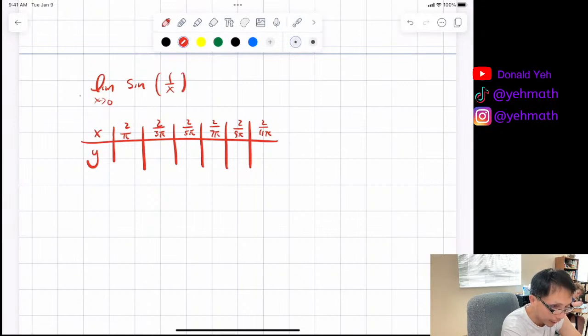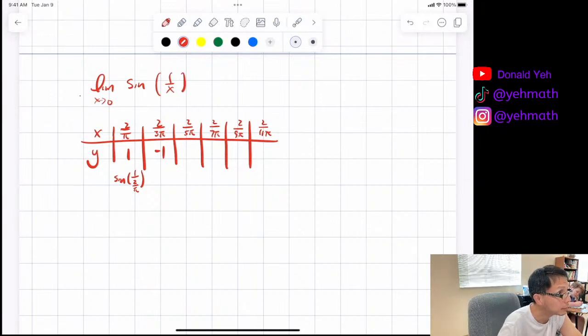Okay, so can you tell me what is sine of 1 over 2 over pi? Sine of pi over 2, good, which is 1. And how about 2 over 3 pi? Sine of 3 pi over 2, negative 1.